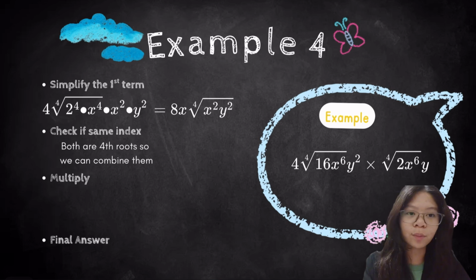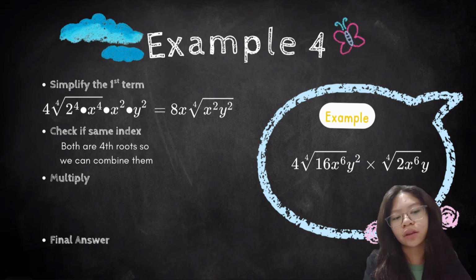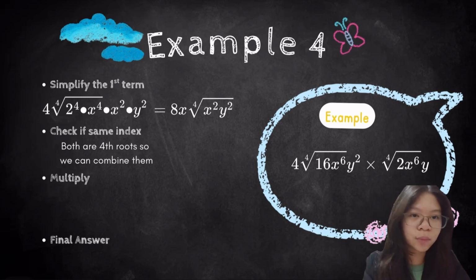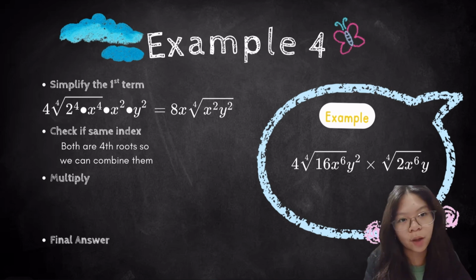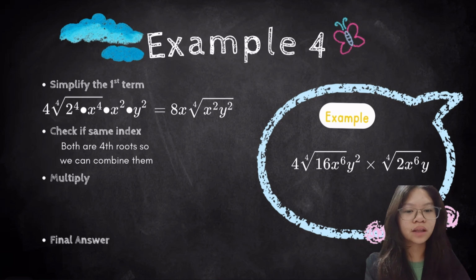For the first term, we have 8x fourth root of x squared y squared. Now, for our second term, we can't really simplify anything since none of those values are fourth powers, so we can skip the simplifying part.